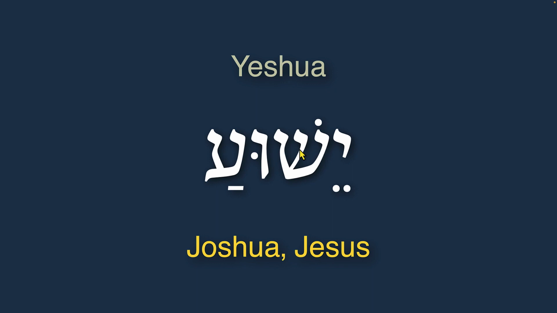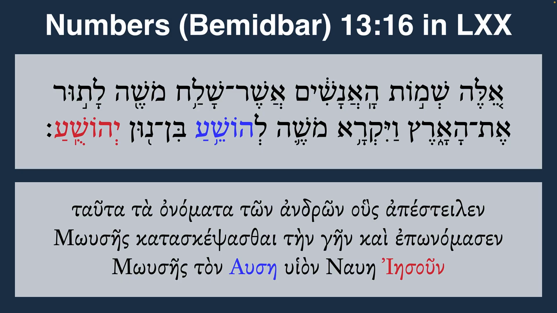They refer to the same person in the case of Joshua the son of Nun, and in the case of Joshua the son of Josedek, or Yehoshua ben Yehotzadak. In both cases, Yehoshua and Yeshua refer to the same name. So they are, you can say, replaceable.